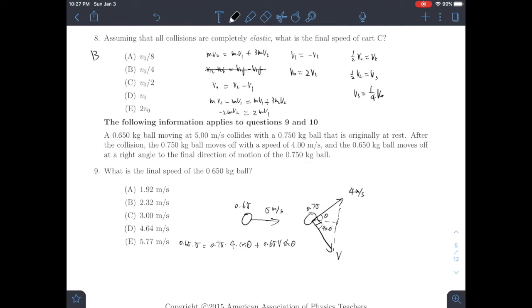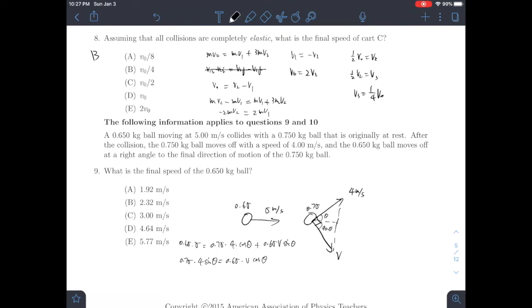And we can equate the horizontal momentum, which is conserved, so 0.65 times 5 is equal to 0.75 times 4 times cosine of theta plus 0.65 times v times cosine of 90 minus theta, which is sine theta.